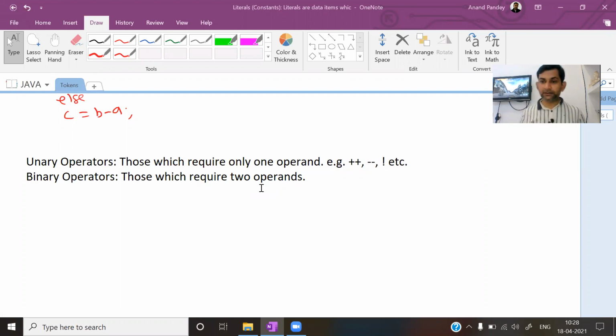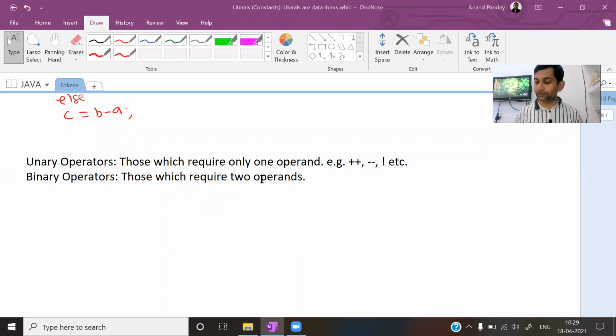These are two categories of operators on the basis of the number of operands required by the operator. First is unary operator and second is binary operator. Okay. So unary operators are those which require only one operand.